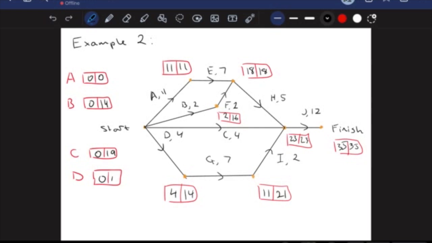So as we cycle through forward and backward on our network diagram, these scanning methods can tell us for each activity how early we can possibly start it and how late we can possibly start it. And when you start looking at this on a larger scale with projects like a construction job or even cooking, the timing is really important.